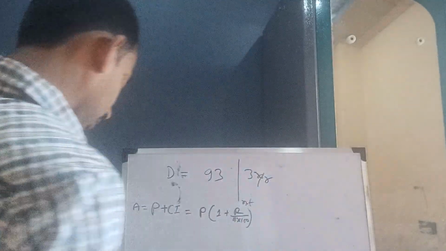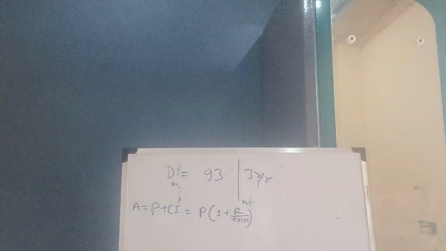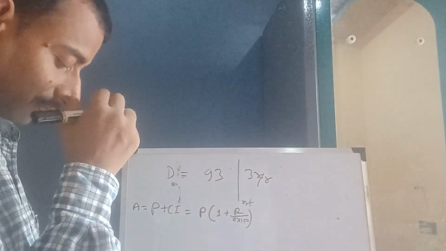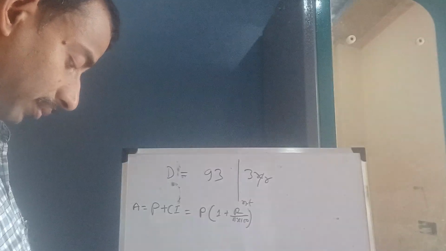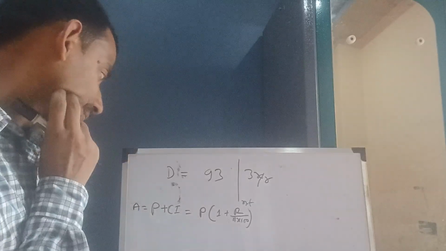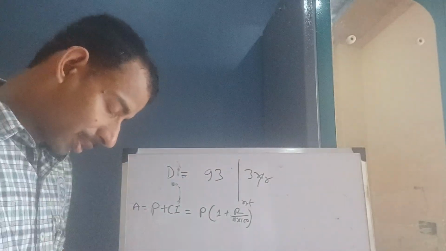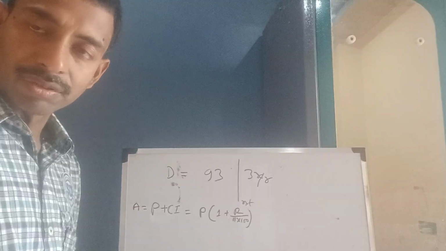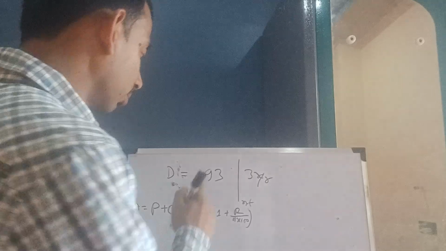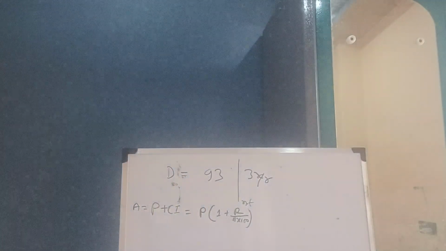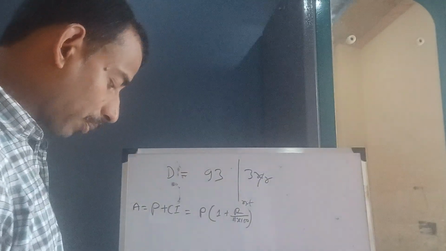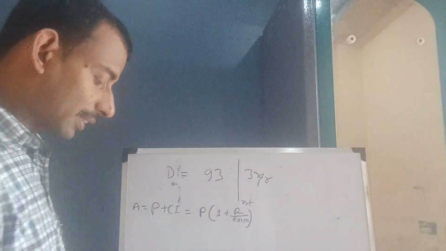The difference of simple interest and compound interest for a 3-year period, for a certain principal, equals 93. So you have to calculate the principal.